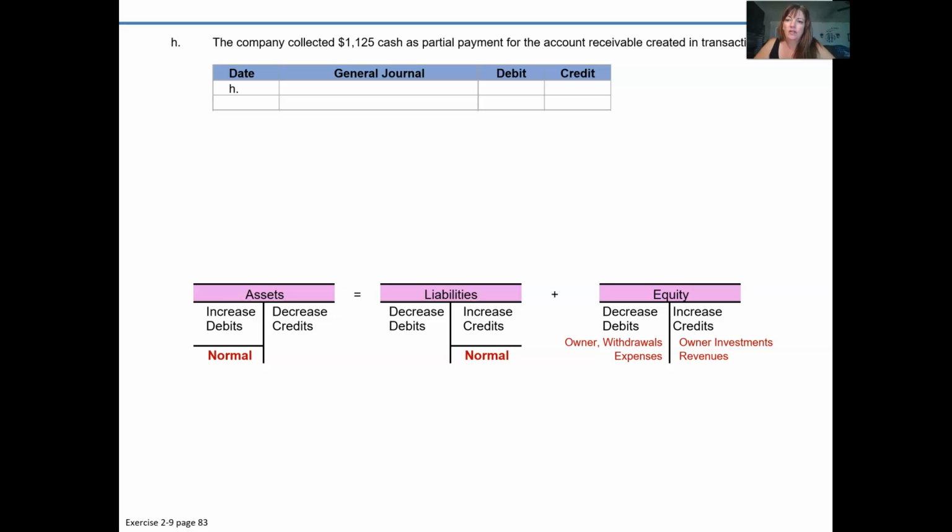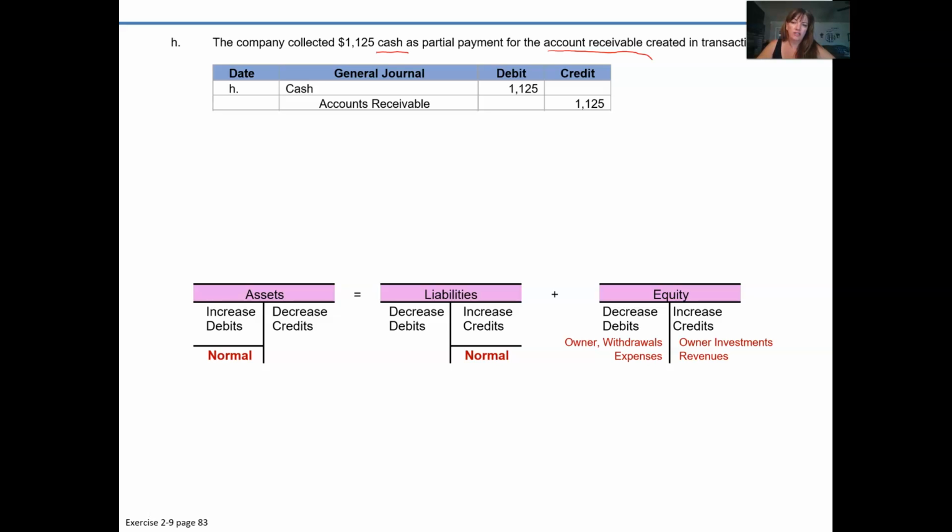Transaction H. The company collected $1,225 cash as partial payment for the accounts receivable created in transaction F. The key words are cash and accounts receivable. So they collected cash from an accounts receivable. We collected cash, so we now have the cash. That's a debit to increase cash.